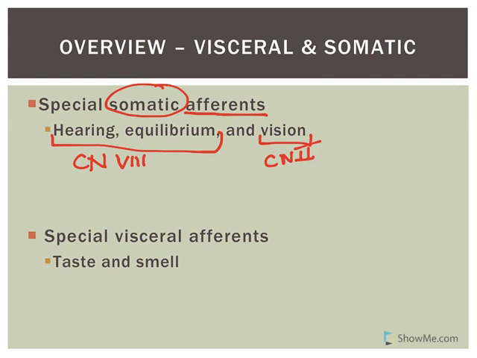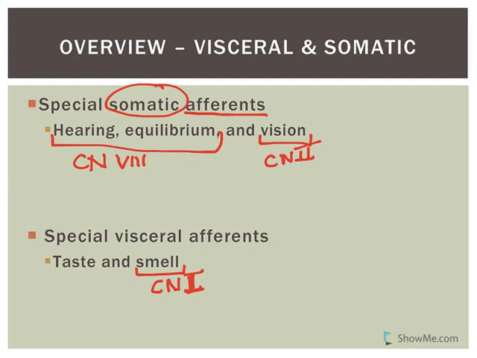Now, the special visceral afferents carry information in regards to both taste and smell. The cranial nerve associated with smell is your olfactory nerve, which is cranial nerve number 1. Again, that is a purely sensory nerve, so that's the only type of fibers that you'll find within that nerve. Now, taste information is carried along one of 3 different cranial nerves.